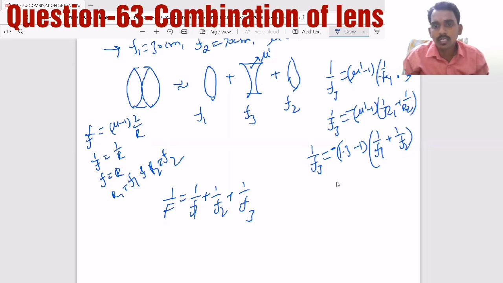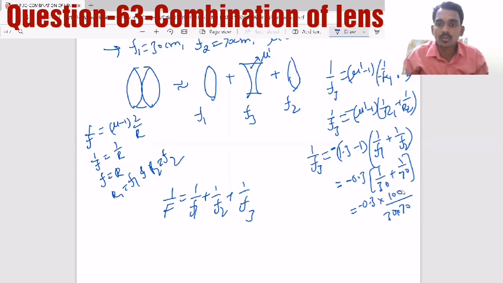If you calculate it, you will get 1.3 minus 1 is 0.3. So minus 0.3 into (1 by 30 plus 1 by 70). So that is minus 0.3 into 100 by (30 into 70). So the 0.3 and the 3 tens, 10 tens cancel, so 70. So the f3 value will become minus 70.